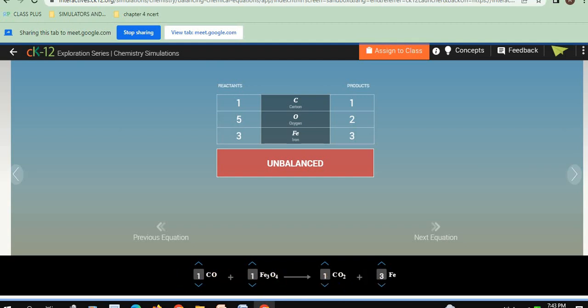So right hand side how many? Two. So how to make five? We have to make five now, multiplied by 5. How many now? 10. Carbon how many? 5. Five carbon first. Now calculate oxygen. How many left hand side?